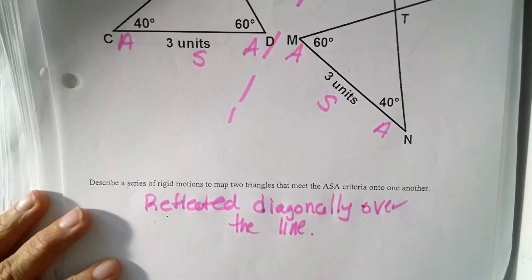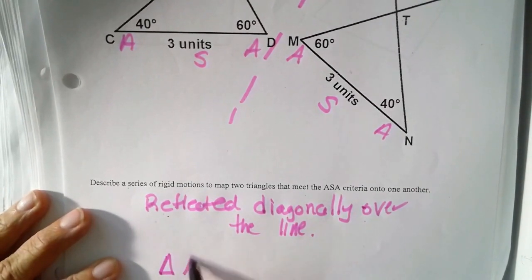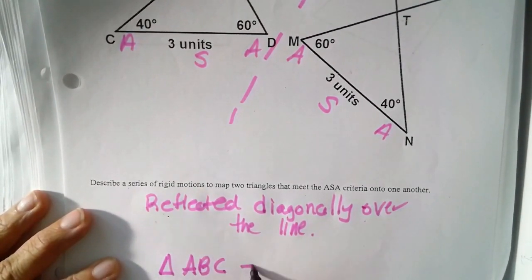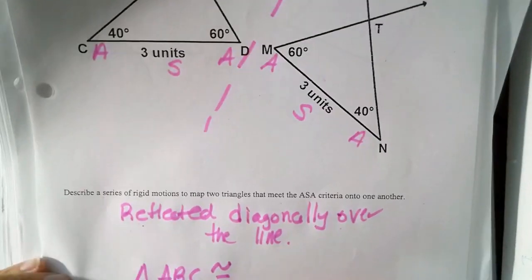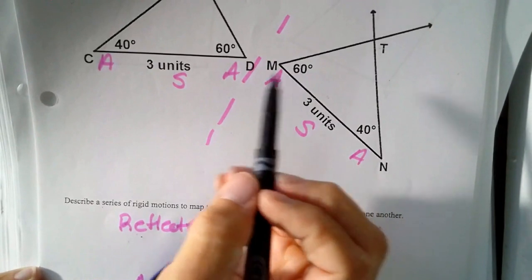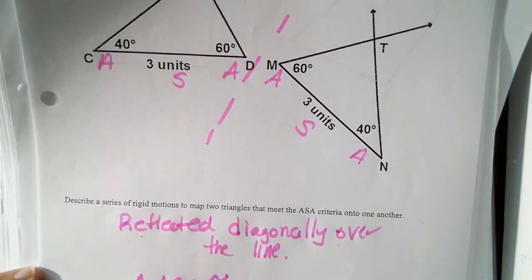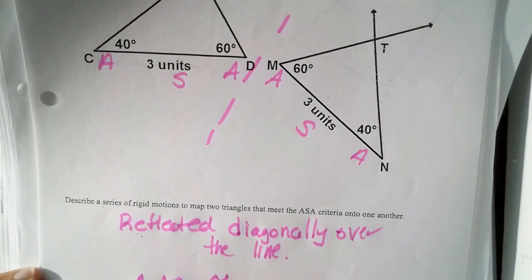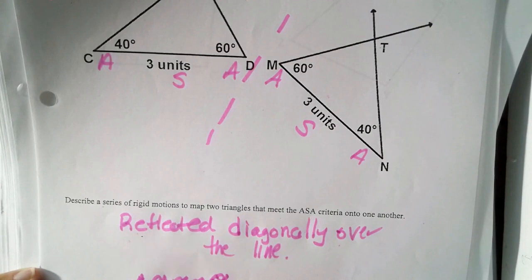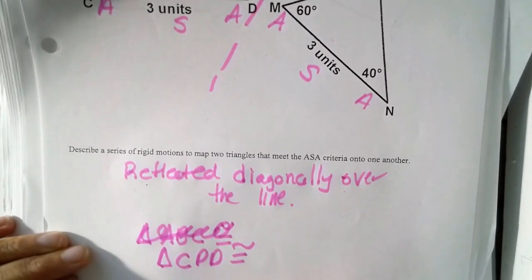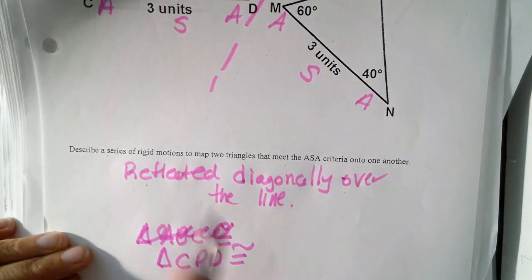Now, I'm going to write a congruent sentence here. Triangle ABC is congruent to which triangle? So think to yourself, which went with your A? Oh, I screwed that up. Let's try that again. Triangle CPD is congruent to triangle... Which went with your C?